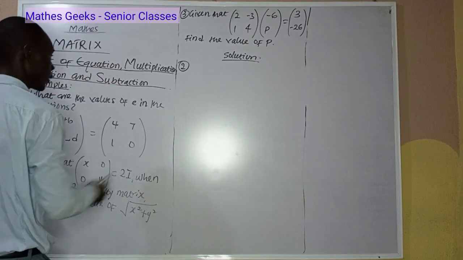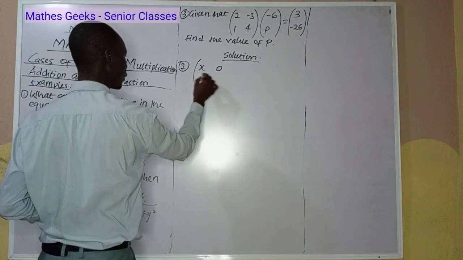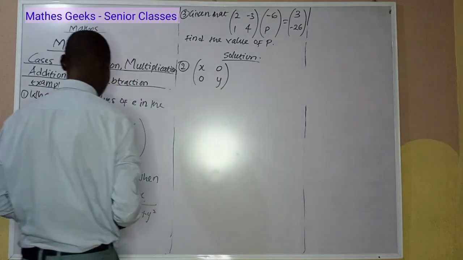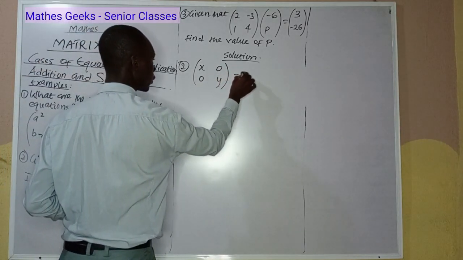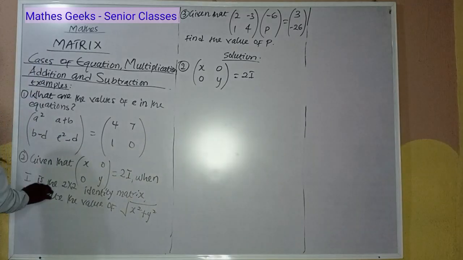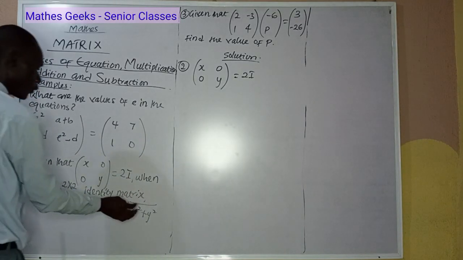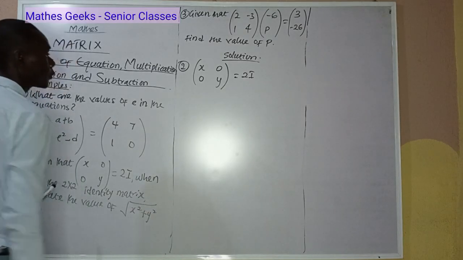So given that the matrix x, 0, 0, y is equal to 2I, where I is the 2 by 2 identity matrix, calculate the value of root x squared plus y squared.